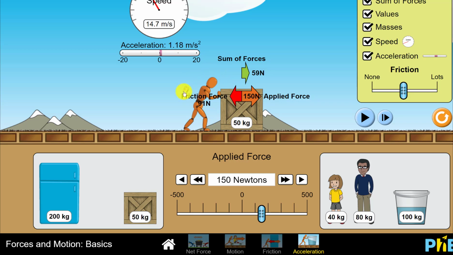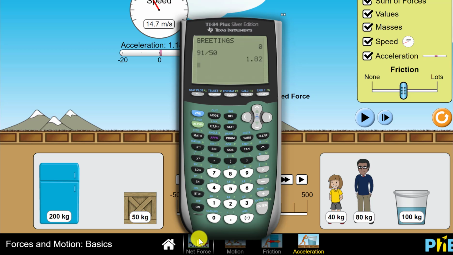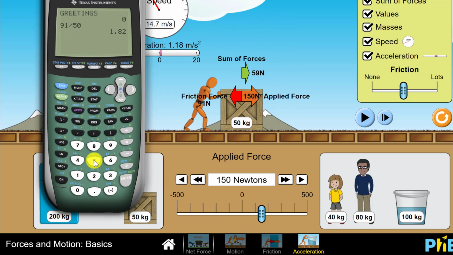Okay, so I'm pushing with 150, friction force pushed back with 91, the red one, friction, and I applied 150, so the sum of those two, 150 this way and 91 pushing back, 150 subtract 91 is 59. So that's the net force. And the net force of 59 divided by the mass is the acceleration, 1.18.